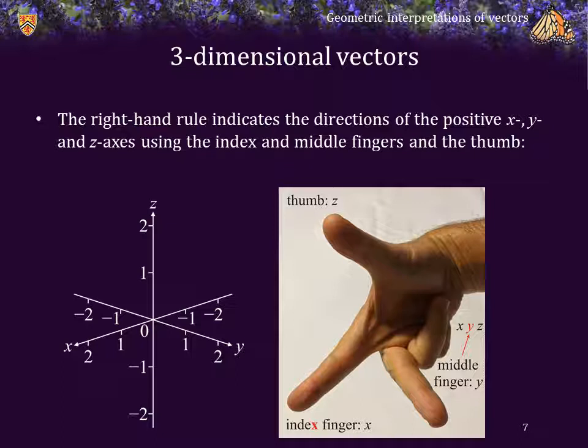So as you can see, the image on the left does indeed follow the right-hand rule, as x and y are relative to each other according to the right-hand rule as shown in the image on the right.